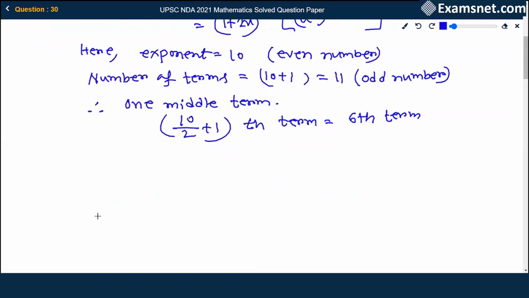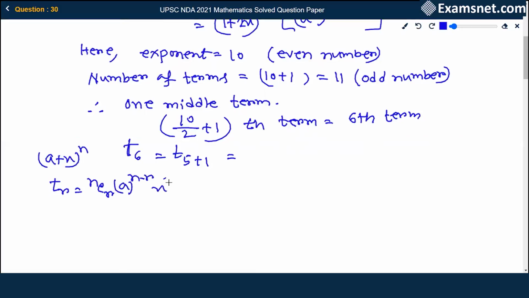So how to find that sixth term? Let's say T6. T6 can be written as T5 plus 1. So here r equals 5, r plus 1. We already know how to find the general term, the term in the r plus 1 position, that is nCr. If the expression is a plus x whole to the power n, then a to the power n minus r, x to the power r.